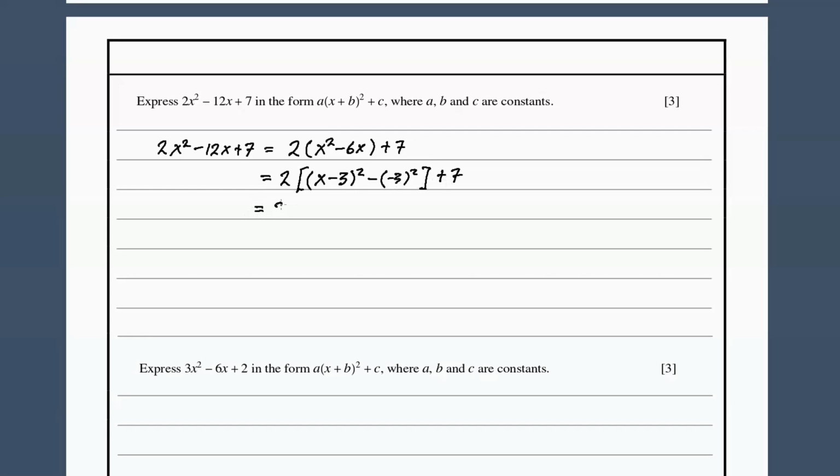So basically we'll be having 2 of x minus 3 squared, and here that's minus 9, close bracket, plus 7.